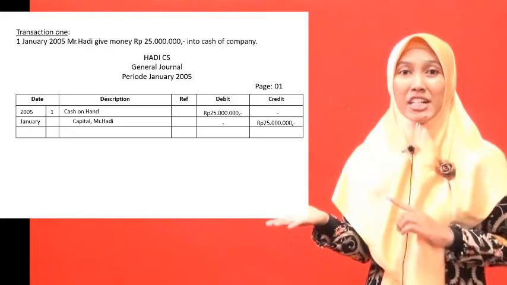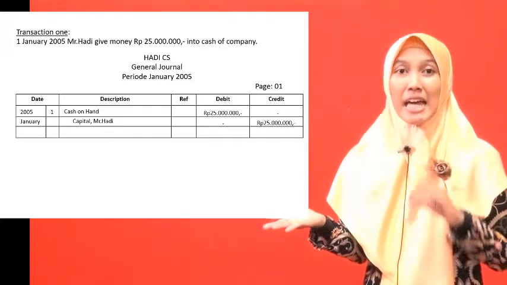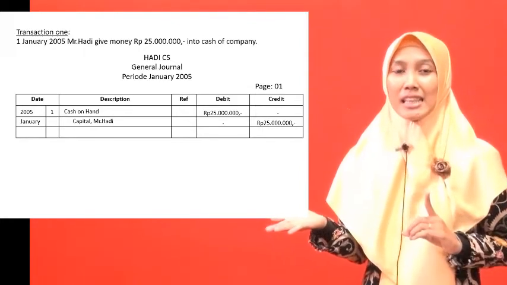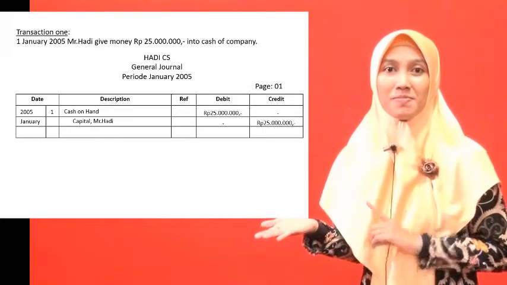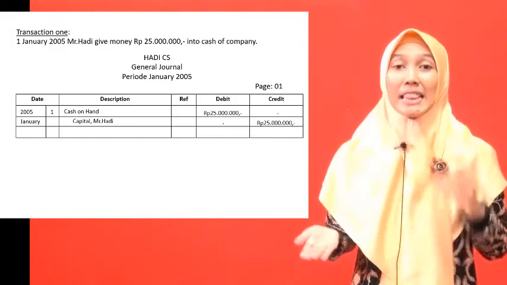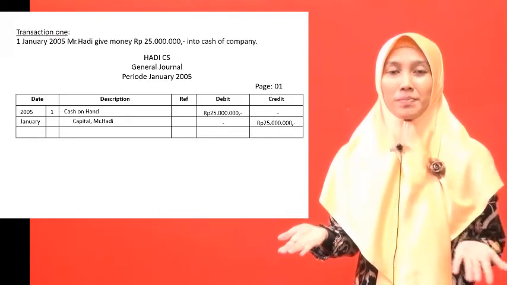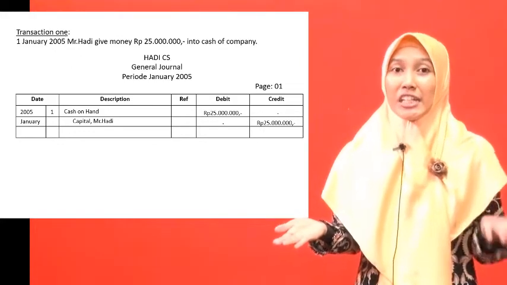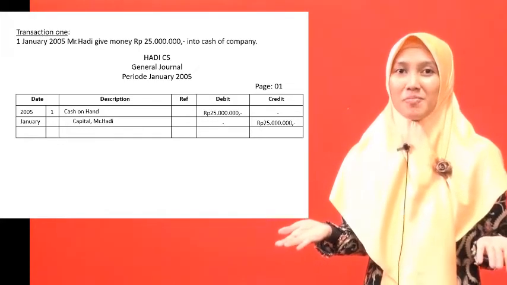Cash increase. Cash is an asset. Remember, asset increase in debit. Then capital. Capital increase. Capital increase in credit.